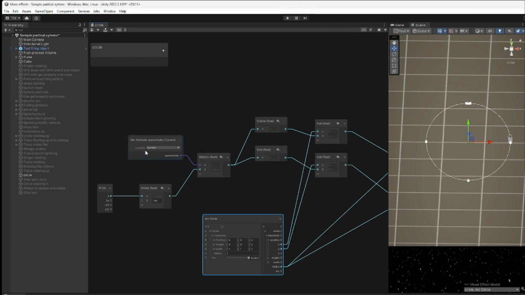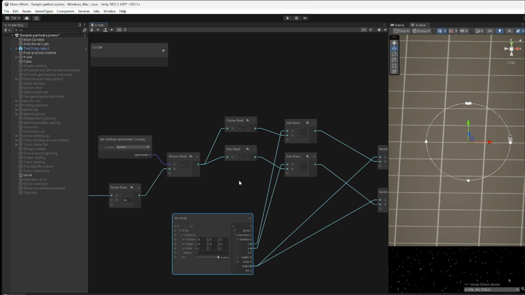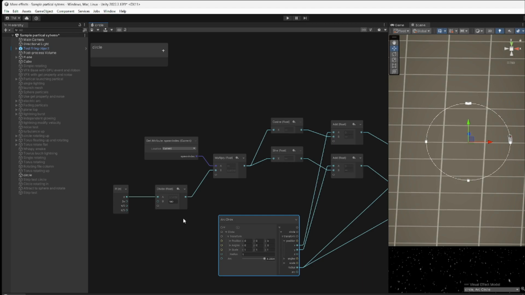So I'm using the spawn index, and essentially I'm creating my own circle. And if you look up the definition of a circle, a circle can be defined by sine and cosine. So essentially the cosine of an index that's going between 0 and 2 pi.